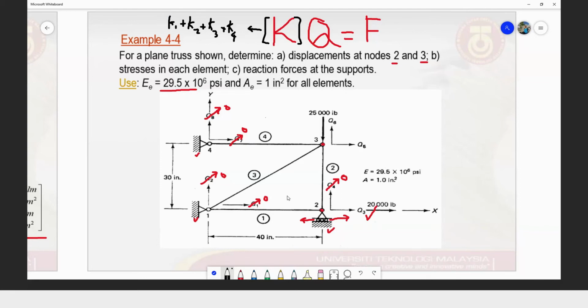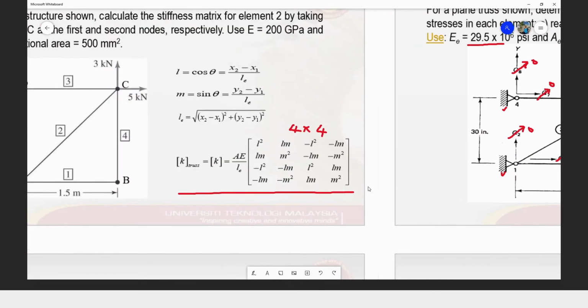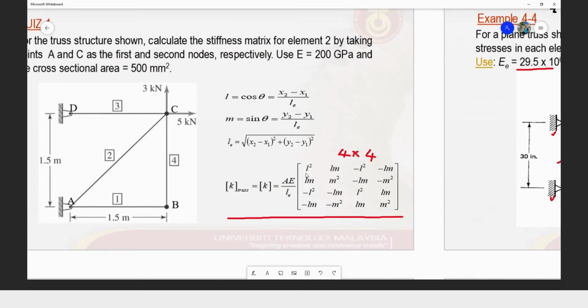All right. So for each element, for element number 1, we expect to develop K1. We will have K2, K3 later, and then K4. But what is our K? This is our K. Our K matrix depends on L and M, where L refers to the cosine of the angle of our element, theta, and M is the sine of the angle of our element, theta.